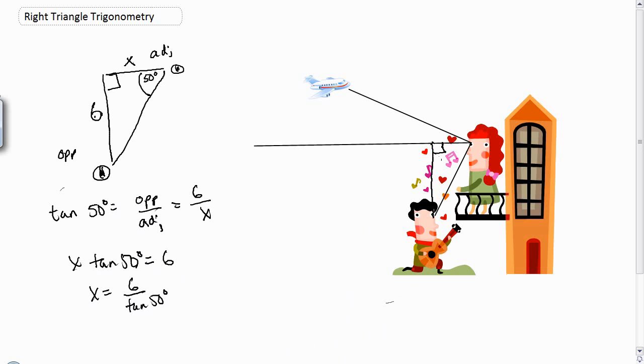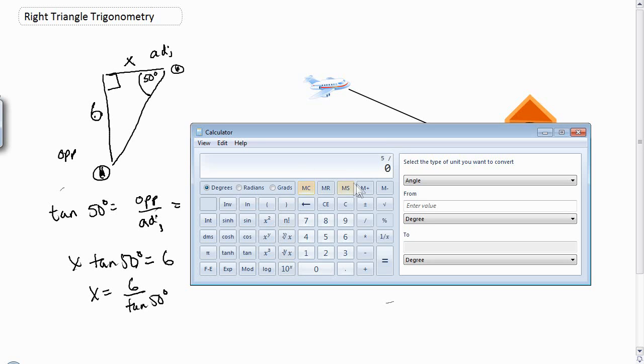So what we'll do is we'll click down here on the calculator. Let's clear this out. I would go 6, divide it by, and then normally you would type in tangent first if this was the graphing calculator, but I have to type in 50. There we go, 50. I will hit tangent.